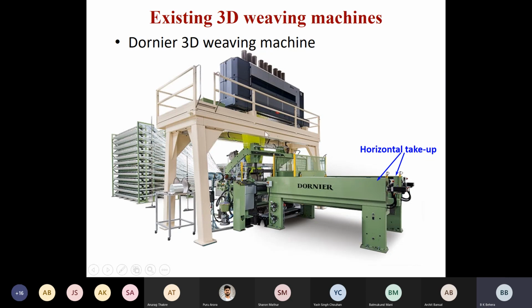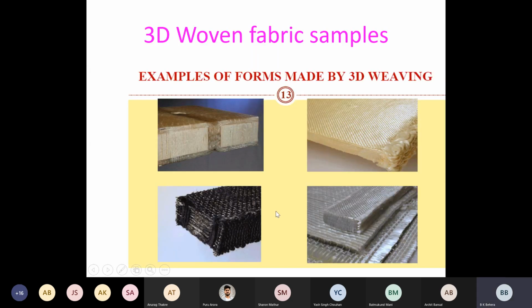This is a jacquard. This is the jacquard gantry. This is the 3D weaving system. Very, very complicated. And here the warp yarns are coming from a creel, not from a beam. All the yarns are coming from a creel, same as what we also have.